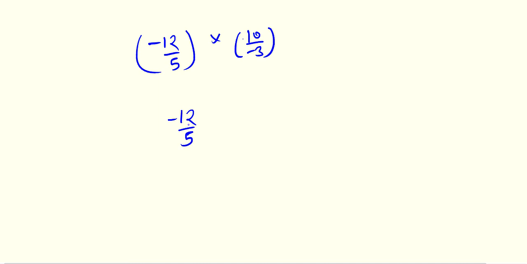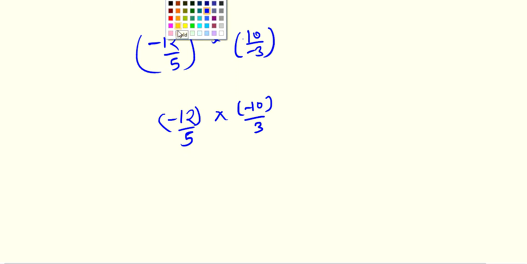Then one more question. Third question. Minus 12 by 5 into 10 by minus 3. First of all, shift this negative sign to the numerator. So minus 12 by 5 into minus 10 by 3. Now you know very well that 10 is a multiple of 5, and 12 is a multiple of 3.